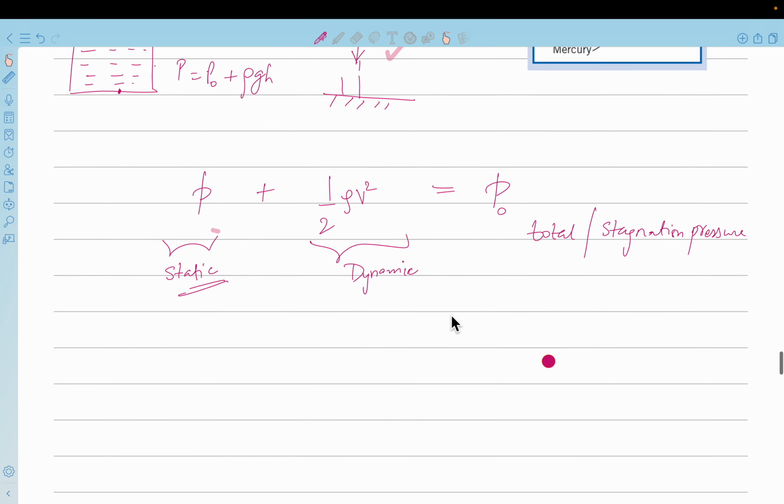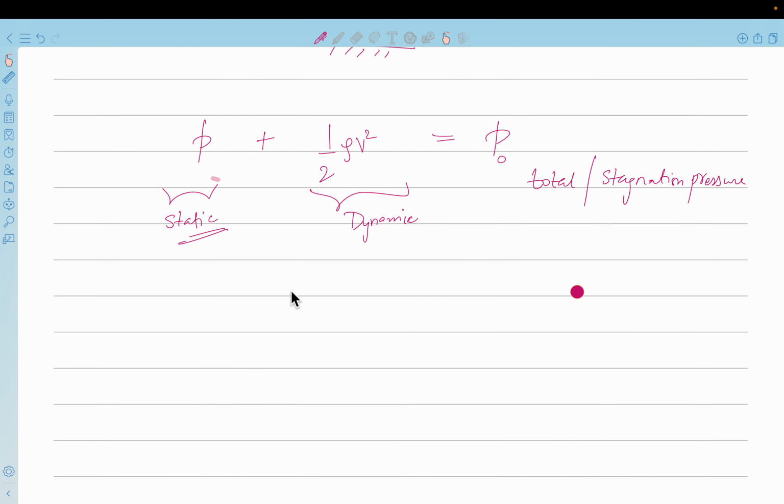Given this formula, it becomes very clear: we are given static pressure, we are given stagnation pressure, and we have to find the velocity. So I can just rearrange this: v square is (p naught minus p) into 2 divided by rho. So velocity is under root of that.